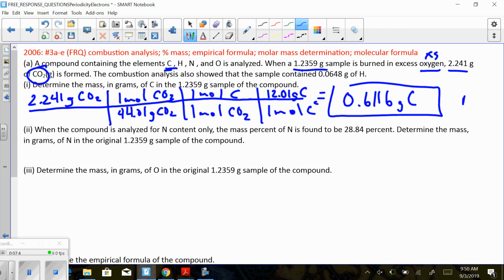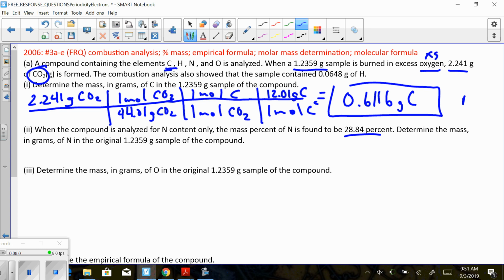Okay, the next step was on part 2, it's analyzed for nitrogen only, and the mass percent is found to be 28.84%. Determine the mass in the original sample.